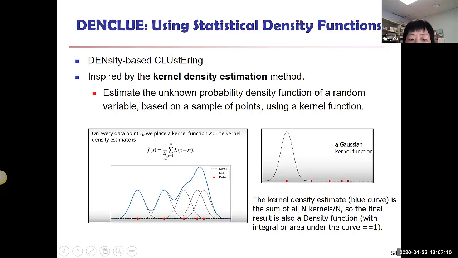For n points, now we have 5, we just add up the kernel functions. Because we have 5 kernel functions, the area under the curve would be 5, but we want it to be a probability distribution, therefore we have to normalize it. Divide it by 5 so that the area under the curve remains 1. So f hat x is actually a density function.